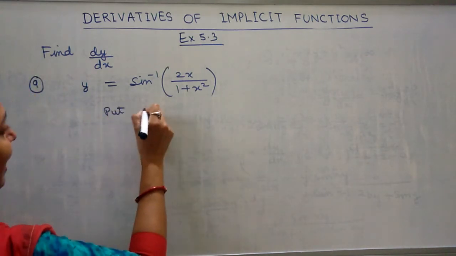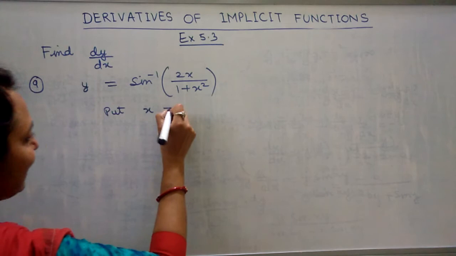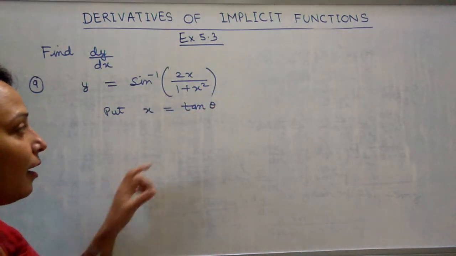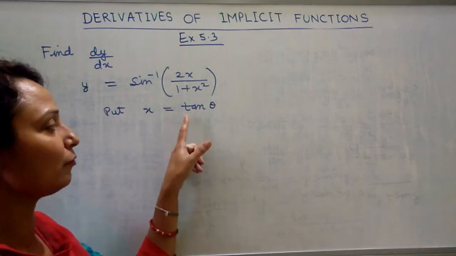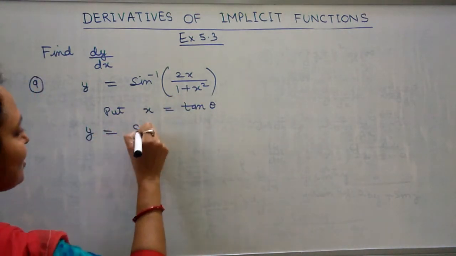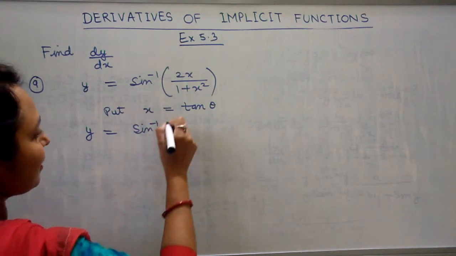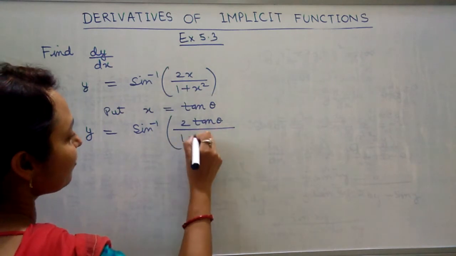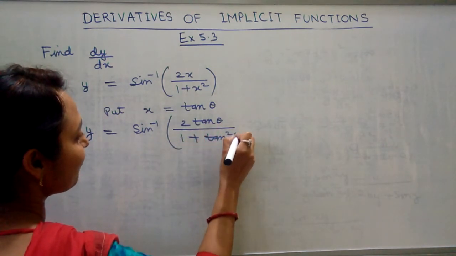Put x as a tan theta, where a is equals to 1, that means you have to take tan theta. What is the value? y is equals to sine inverse of 2 tan theta upon 1 plus tan square theta.